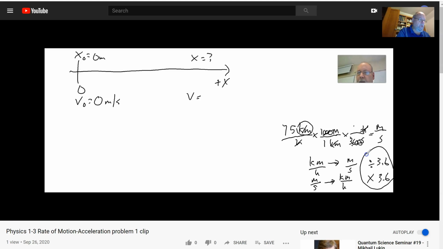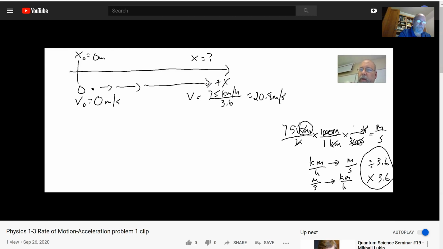Now, I want to change velocity from kilometers per hour to meters per second. So I will just divide by 3.6, and that gives me 20.8 meters per second. So I go from 0 to 20.8 meters per second in whatever time it is that this is going to take me.